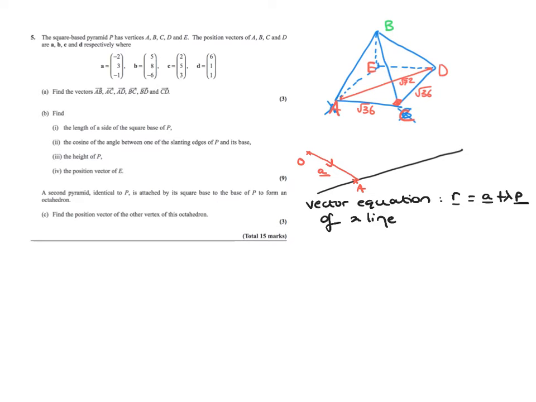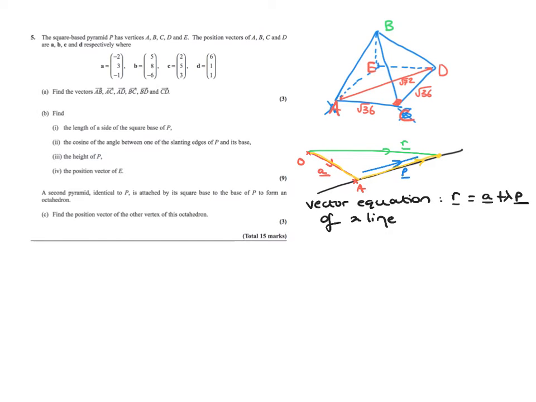Lambda is some kind of numerical value, and p is a vector that's parallel to the line. The idea being that r, the position vector of any point on the line, which would look like that, is equal to a plus a multiple of p, which gets you to your point there.